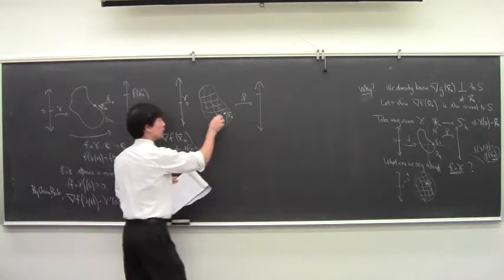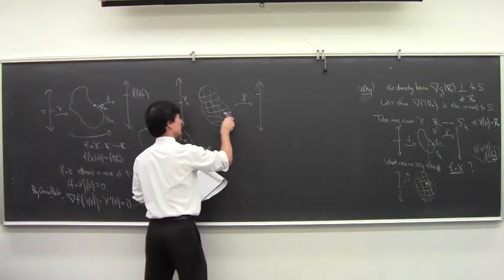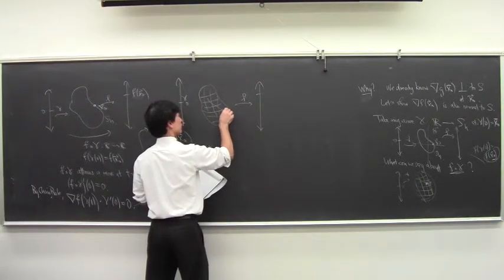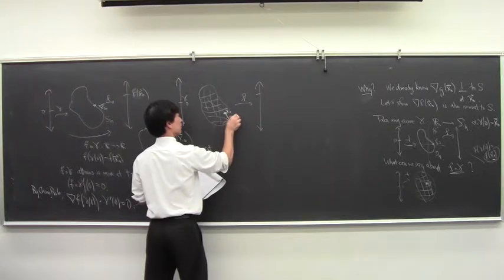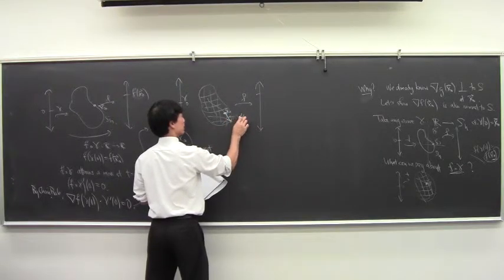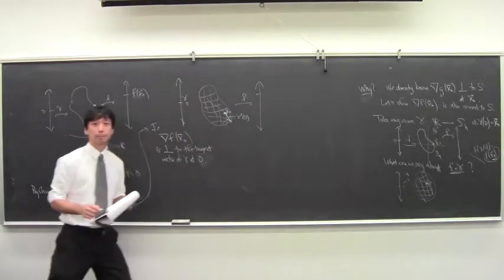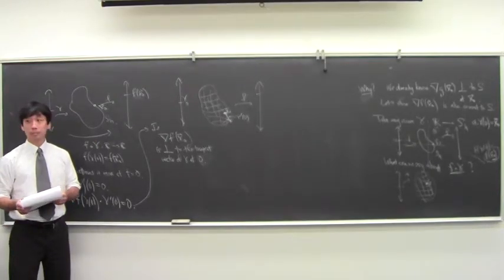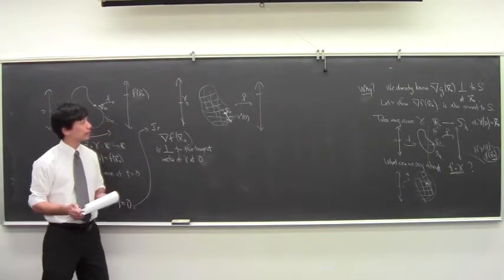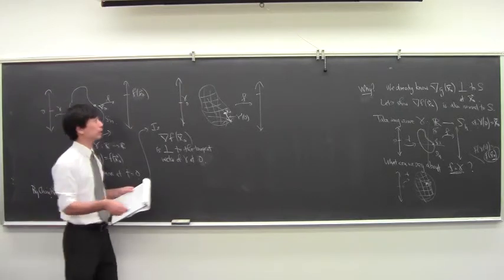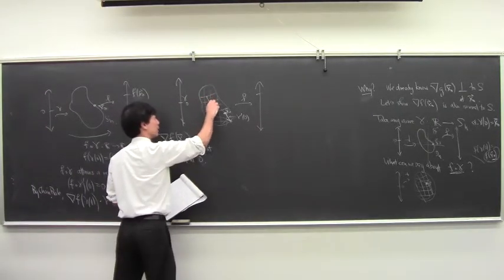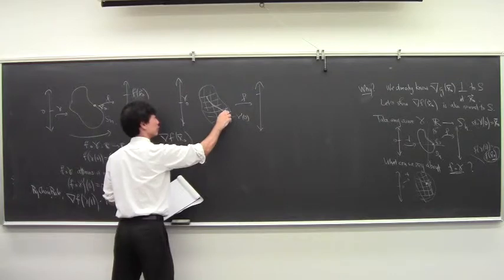Okay, and gamma prime is going to be some tangent vector. This thing here is gamma prime at time 0. Okay, right, here's the curve of gamma. And here's gamma prime.